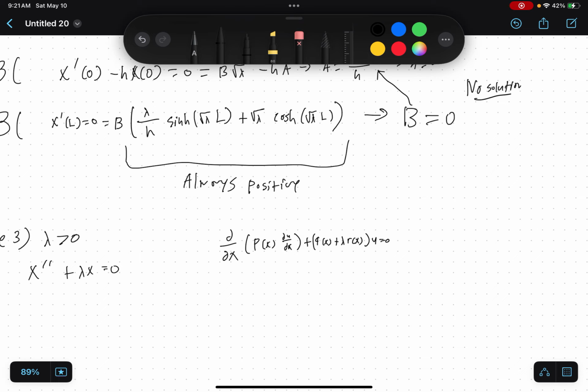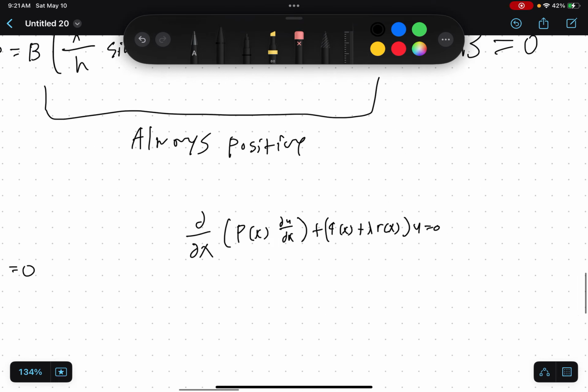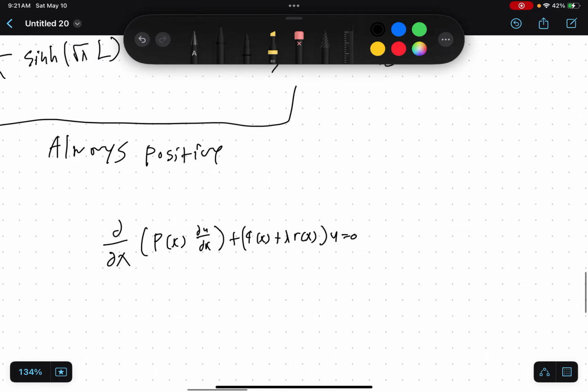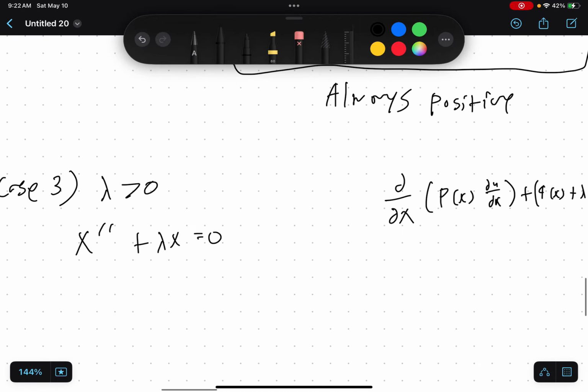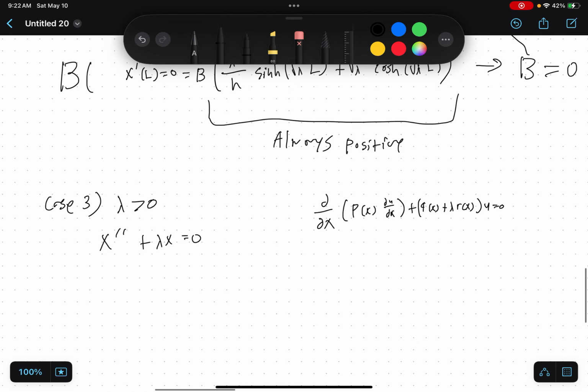So, and I'll explain what Sturm-Liouville is later on, but we have to first prove that it can fit into this form. And luckily for us, it does, because if we set p equal to 1, that's what I had, right? Yep, p equal to 1. It'll be the second derivative of u with respect to x, which is what we have right there.